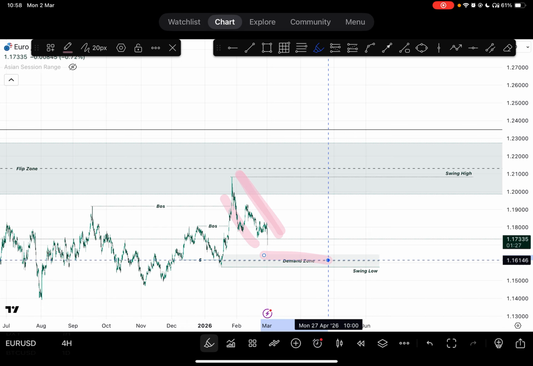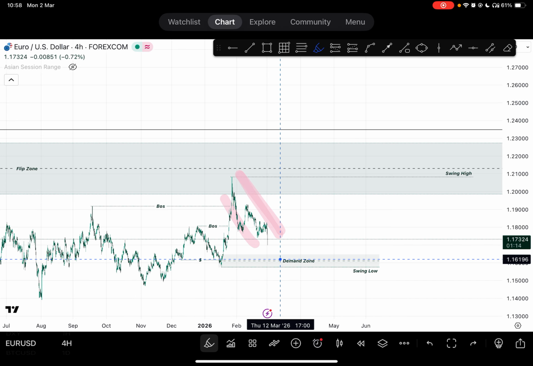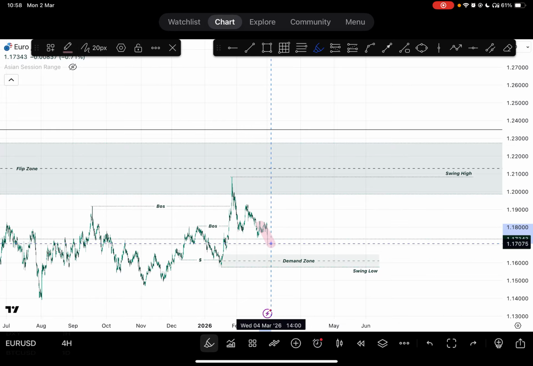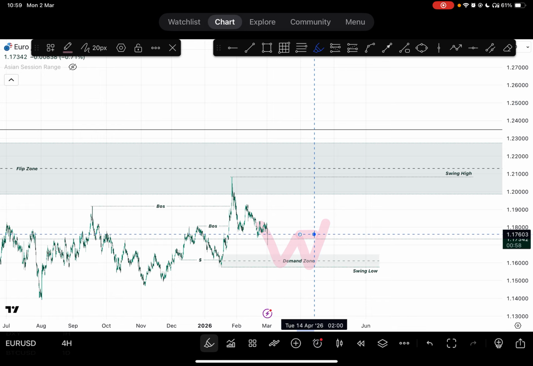Before this demand zone tells us, the confirmation, the sign that lets us know price is going to respect this demand zone, will only be after we have confirmed on the lower time frame that we have seen a trend change, a market shift on the 1 hour or the 15-minute time frame, whereby price comes down, gives us a high, a low, goes up and takes out this high.